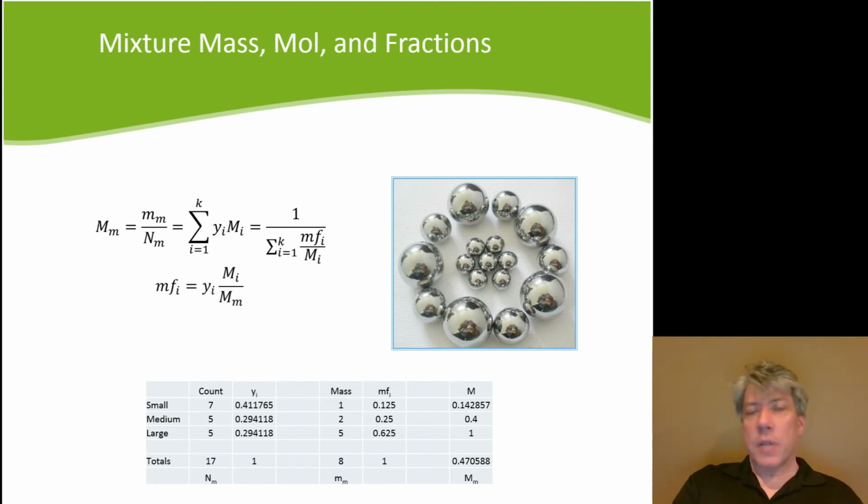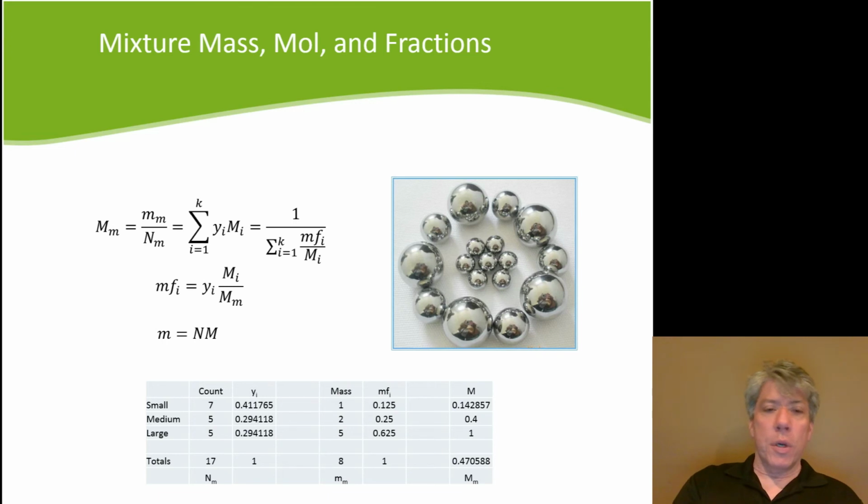Well, there's actually a relationship between the mass fraction and the mole fraction, and it has to do with molecular weight. So all you really do is you take the mole fraction of one species times its own molecular weight and divide by the molecular weight of the mixture, and that will calculate the mass fraction from the mole fraction. Of course, you can rearrange it any way you like and come out with the mole fraction as a function of the mass fraction if you wish.